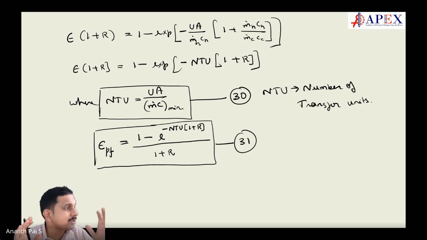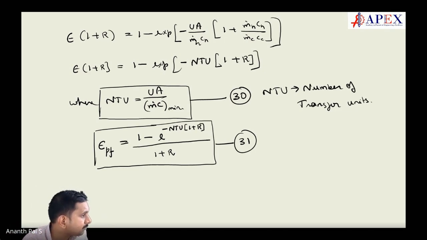Now this actually gives how big the heat exchanger we need. And here what we are using? We are using only properties of the fluid, and also m dot. We require what is minimum, we can know that.